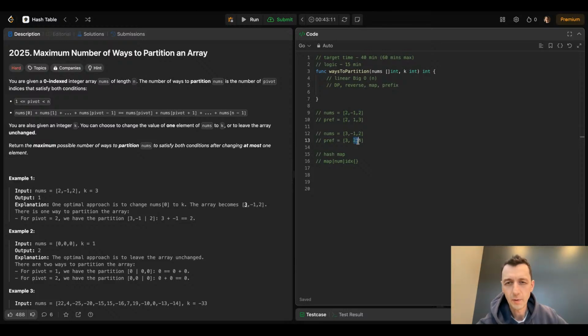If we want to know the sum of all to the right, we need to deduct 4 minus 2.